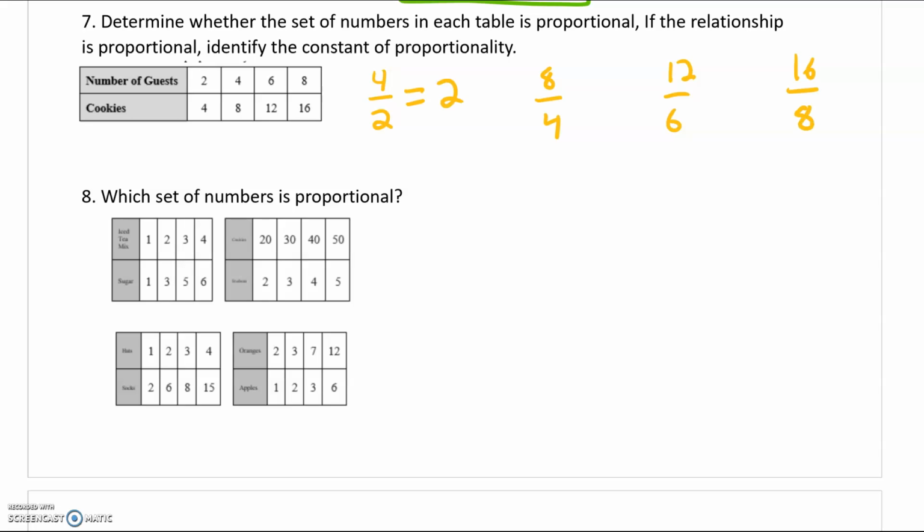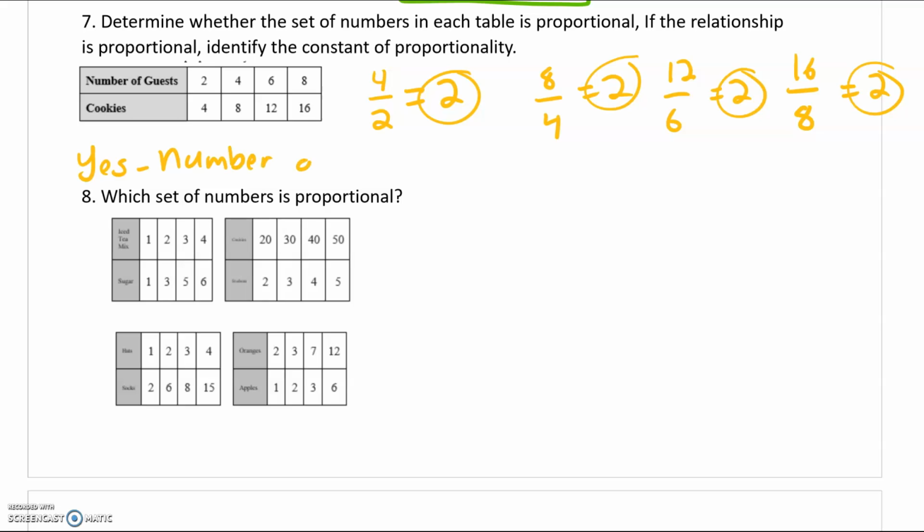These all simplify to 2. So each of our ratios is equivalent or equal. So yes, the number of guests is proportional to the number of cookies.